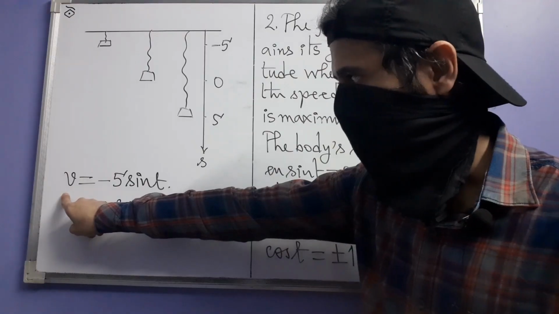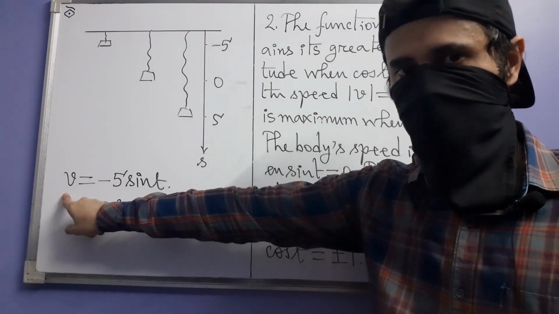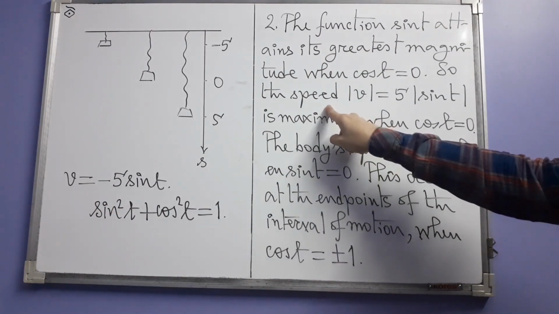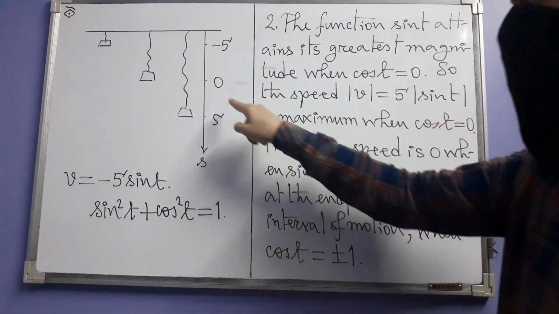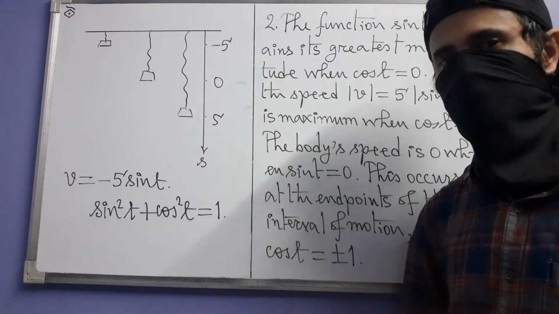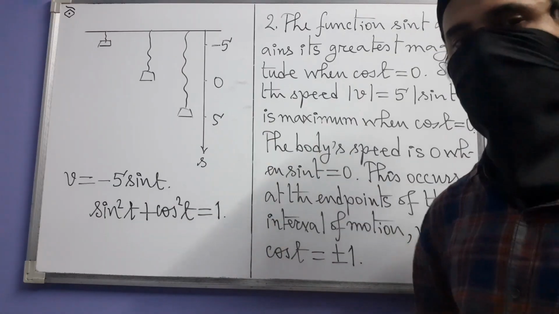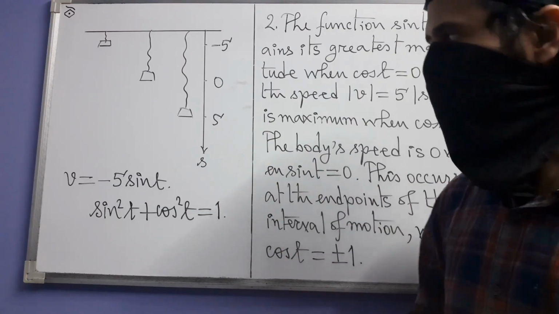So if you take the absolute value of velocity, you get speed. So speed is maximum here, which matches with our experience with this type of motions also.